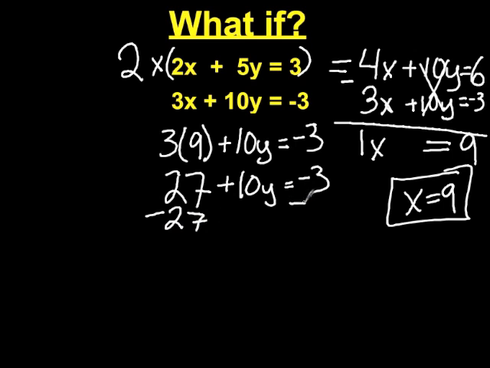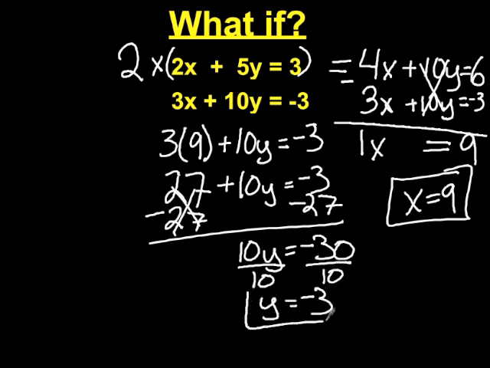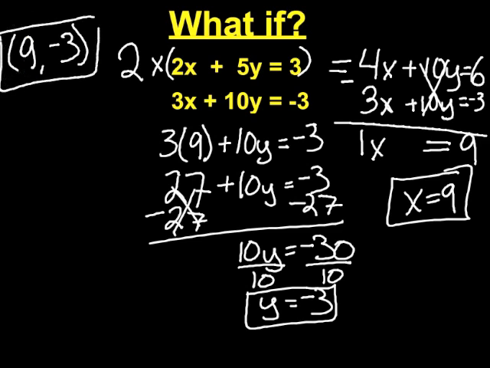Subtract 27 from both sides. We get 10y equals negative 30. Divide by 10, y equals negative 3. So my solution to this linear system would be x equals 9 and y equals negative 3. That's our solution for that.